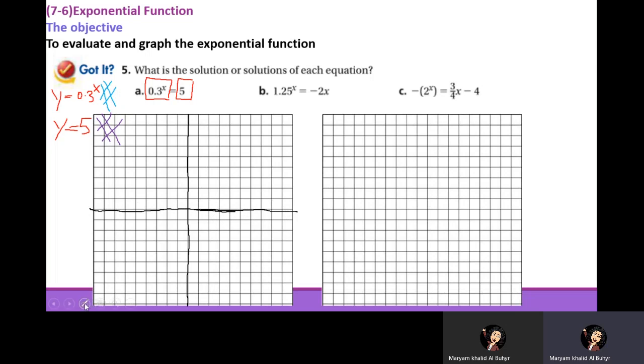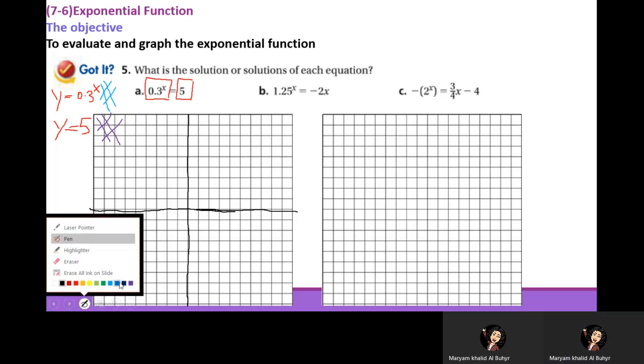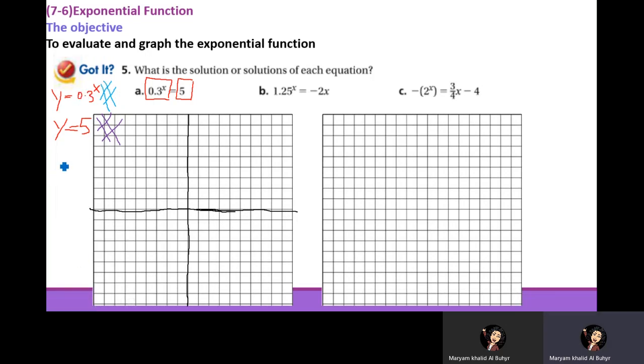So first of all, let me graph this one. Let me make a table for this one. I cannot graph it like this, definitely. So I have x, I have to choose some x's for 0.3 to the power x, that is y, right? So here I will choose -2 as usual, -1, 0, 1, 2.